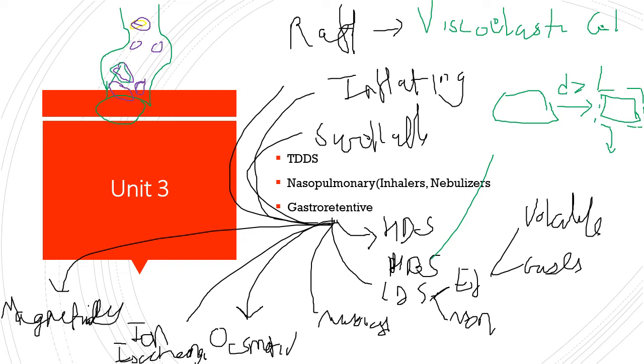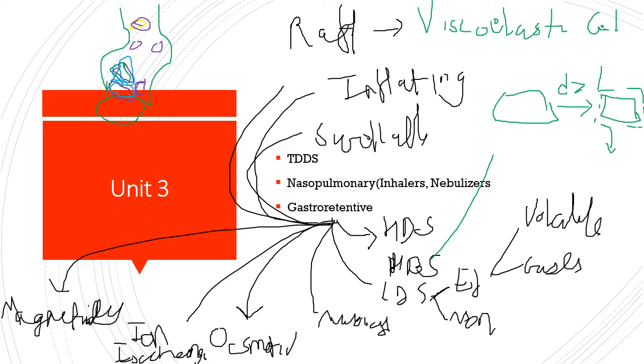Here you can see they can be blocking the exit from the pylorus. They prevent the exit. One is either you make it float, the second is you make it sink, the third is you block its exit. So these are few different ways in which you can have a gastroretentive action.